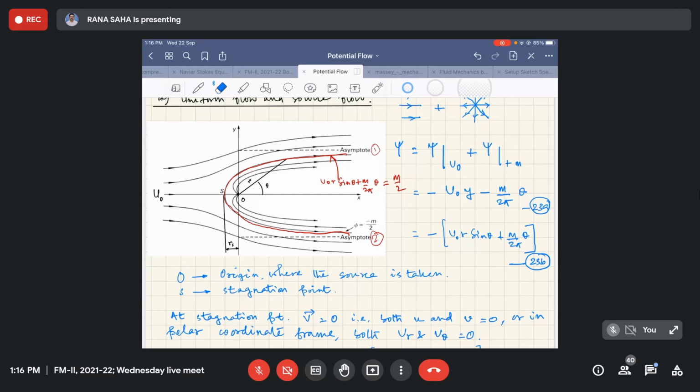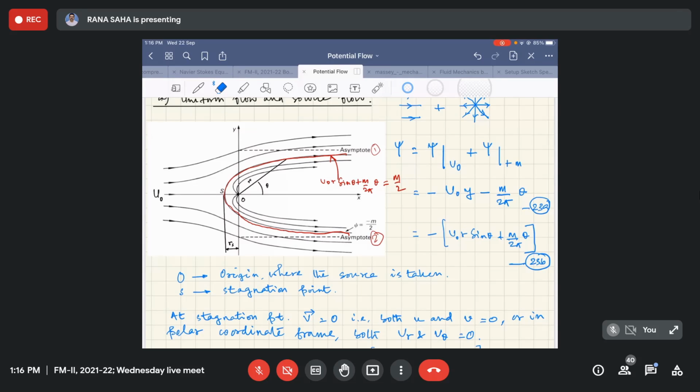To have efficiency from the fuel consumption point of view, if you are able to have the flow particles adhering with the body surface, so that there is no kind of separation of flow from the body, then the energy loss can be minimized. Okay, we will see in our boundary layer flow how this separation takes place and how to minimize that.